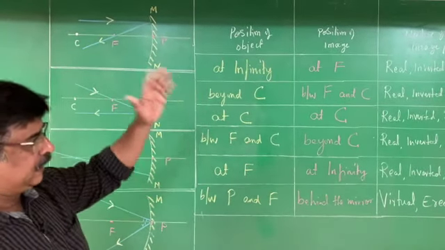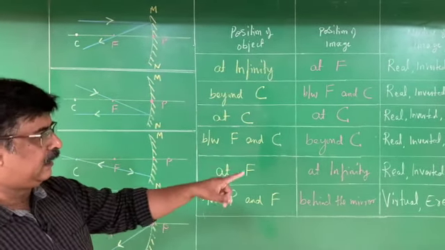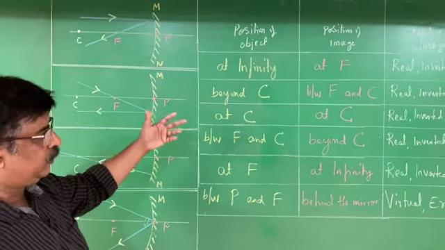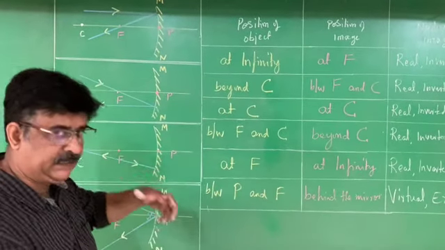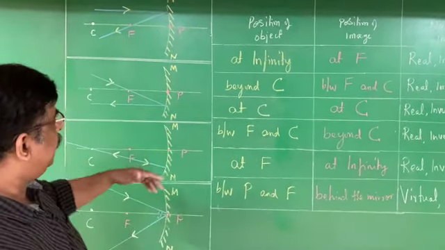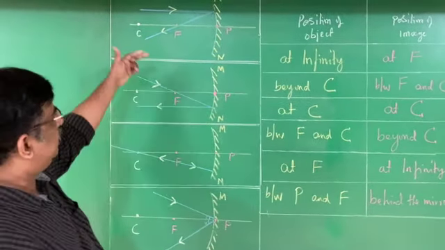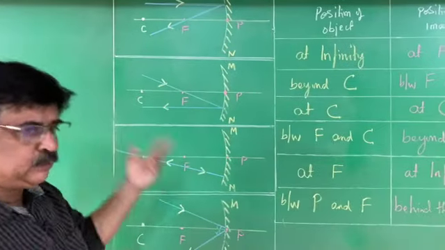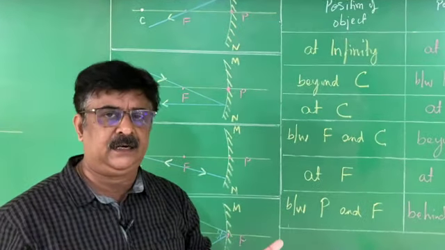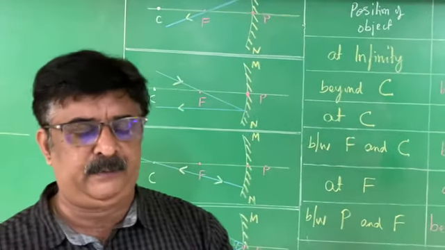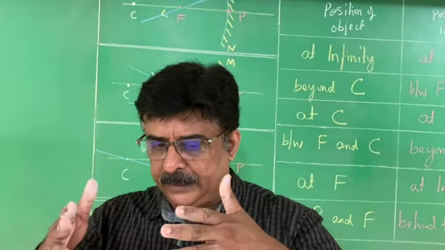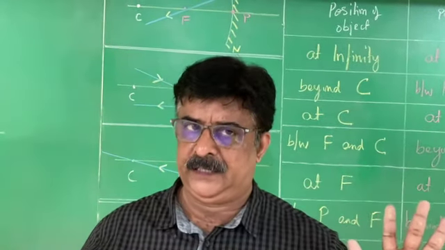Real images are always inverted. Virtual images are always erect images. How to write? I gave a practice and you have also written, I think. Right? There are 4 conditions to be followed while writing the ray diagram. Out of the 4 conditions, any 2 conditions are sufficient to draw a ray diagram, because to get an image, 2 rays are sufficient.